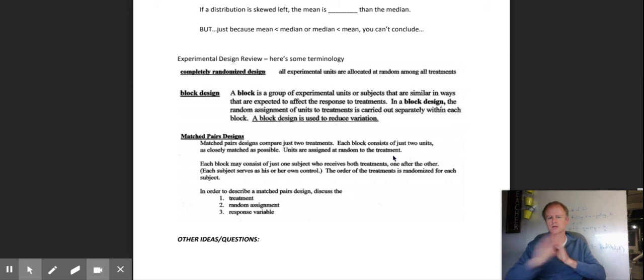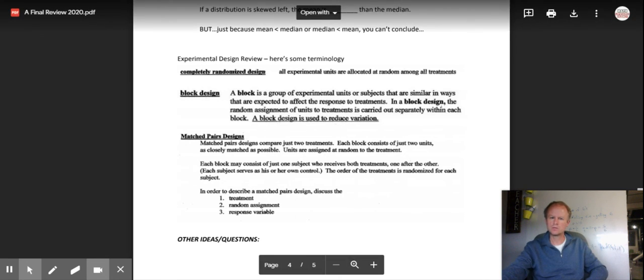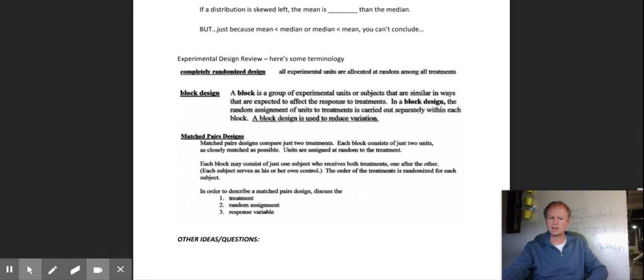But just wanted to revisit this. Completely randomized means you are taking a sample and then you're randomly assigning treatments to the entire population. Suppose you have a population of 100 subjects and you have 3 treatments, you're going to just randomly assign each of the 100 people to a different treatment. And that would be completely randomized.